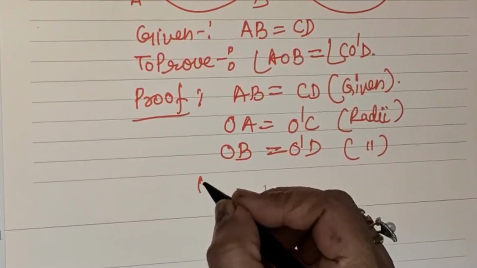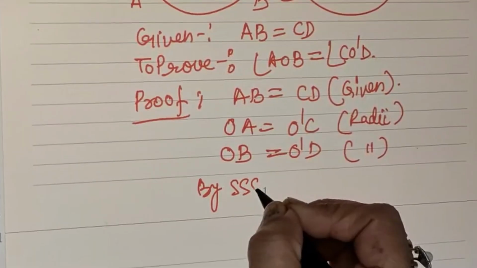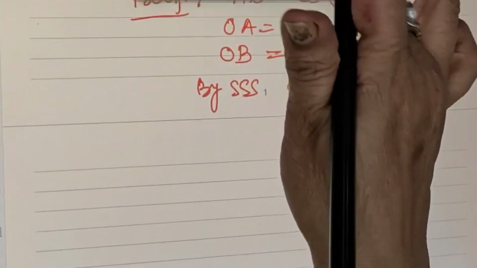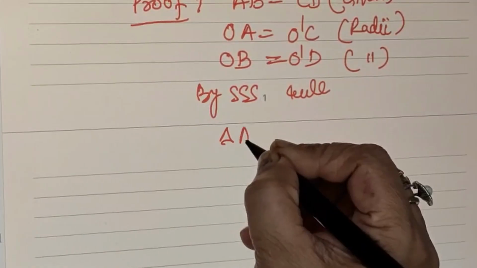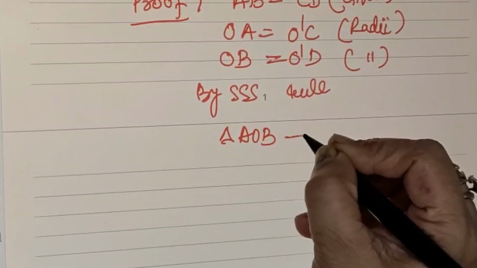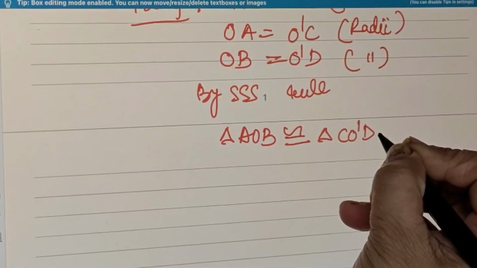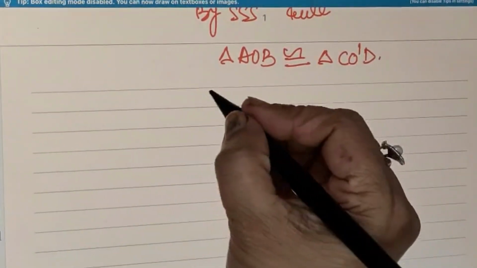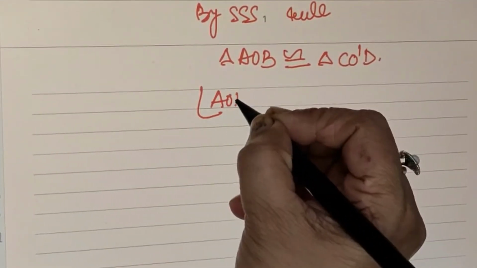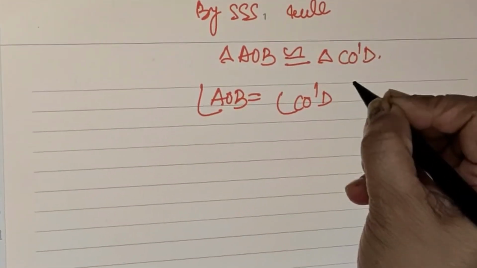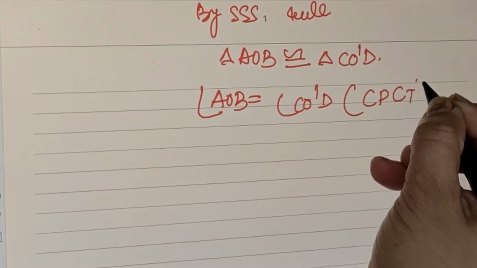By the triple S rule, triangle AOB will be congruent to triangle COD. When you make triangles congruent, the central angles become equal. Right, the reason all of you know. Understood, children?